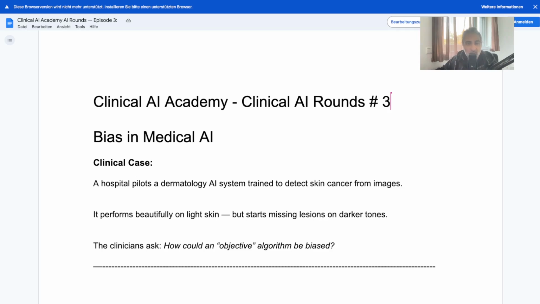So bias in medical AI usually begins at the data level. So if a data set, for example, underrepresents certain skin tones, or age groups or comorbidities, the model will learn those as blind spots.